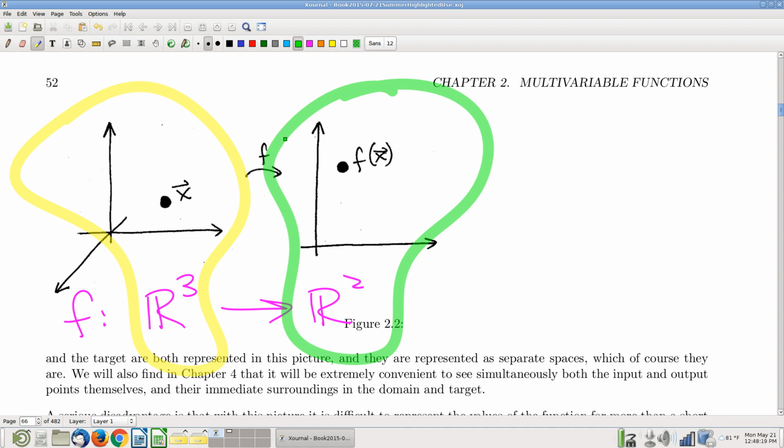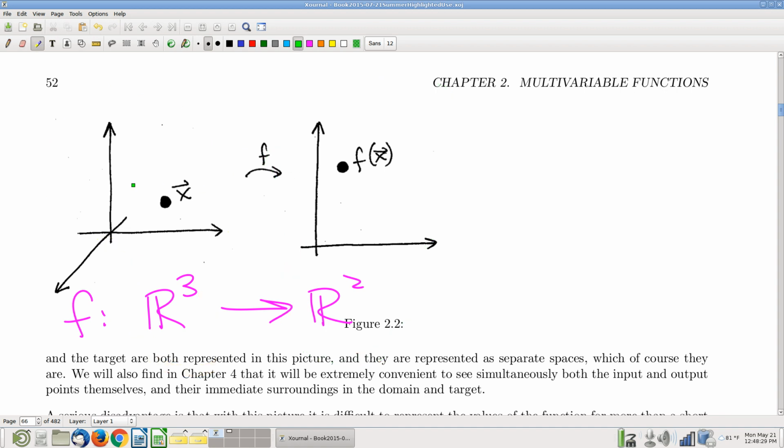So we're going to see several more. We'll see how far we get today. But be open to the important point that there are lots of different pictures that we'll use to represent multivariable functions.